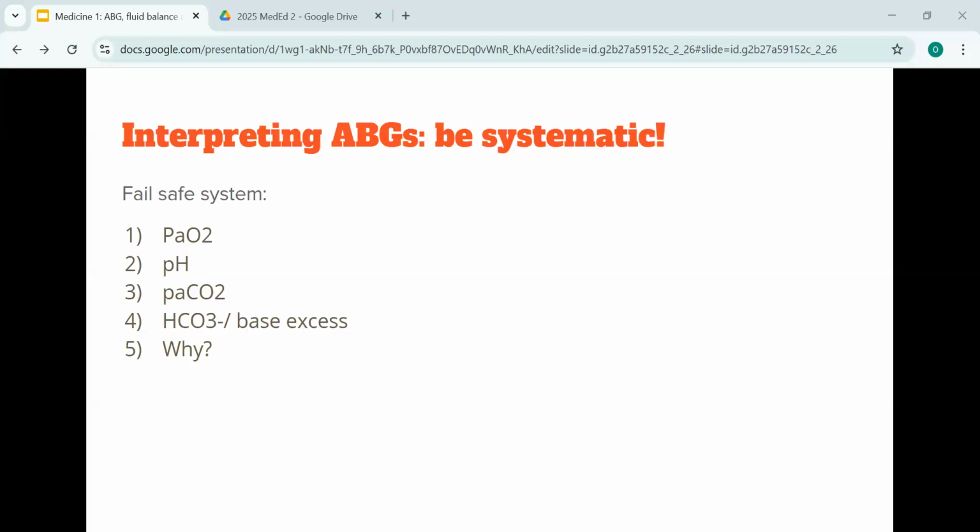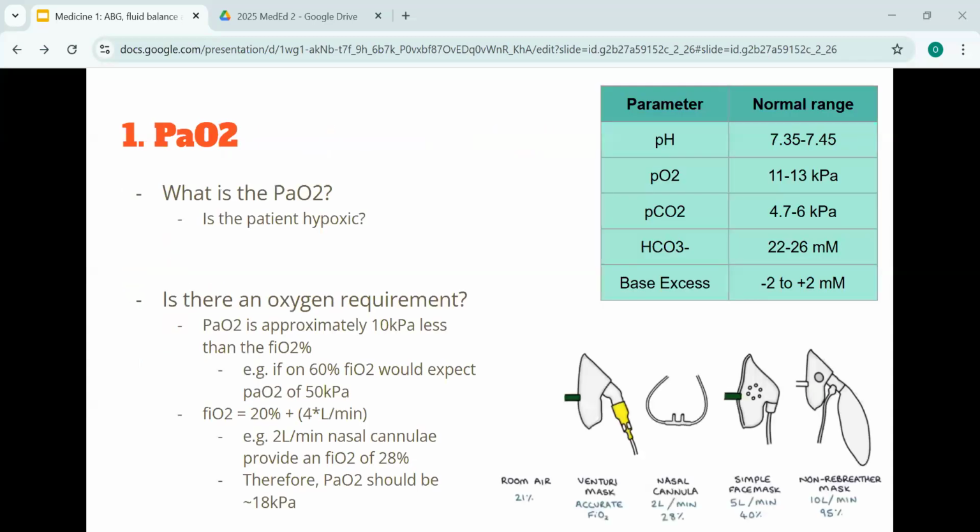Would one of you just mind giving me a yell to say whether you can see the slides changing at the moment?